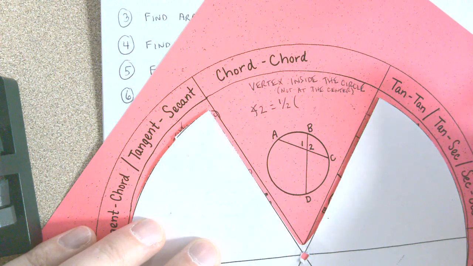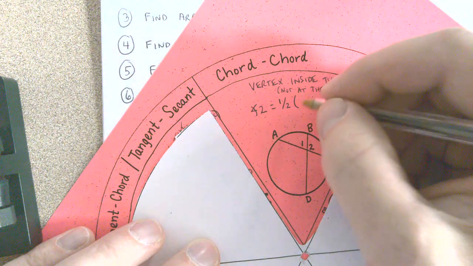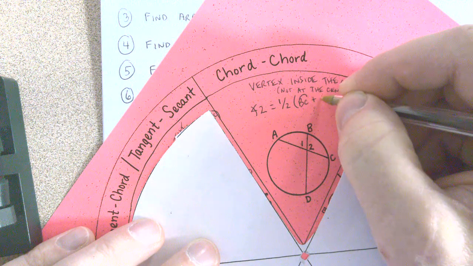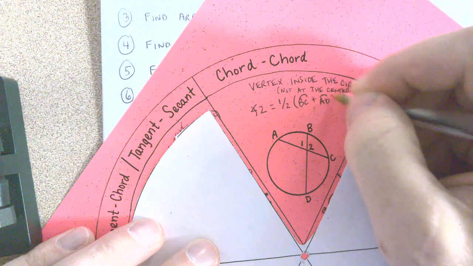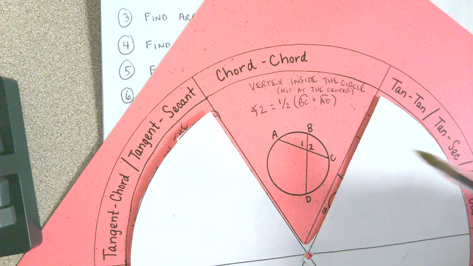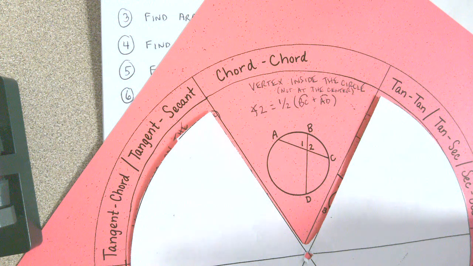So we're going to add together the two arcs. In this case, the arcs would be BC and AD. So 1/2 arc BC plus AD is going to be the angle measure.